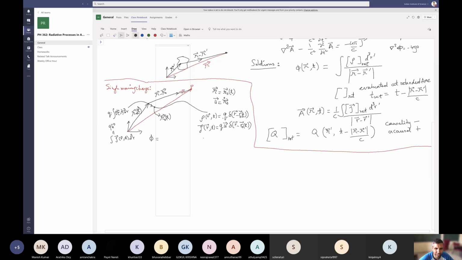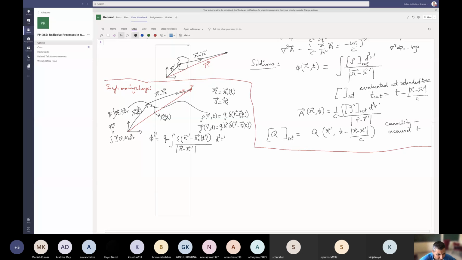Let me write this down. We know that this is the charge density. So this is equal to Q times the integral of delta of r prime minus r naught of t prime, where t prime is slightly earlier than time t, divided by r minus r prime, d3r prime.